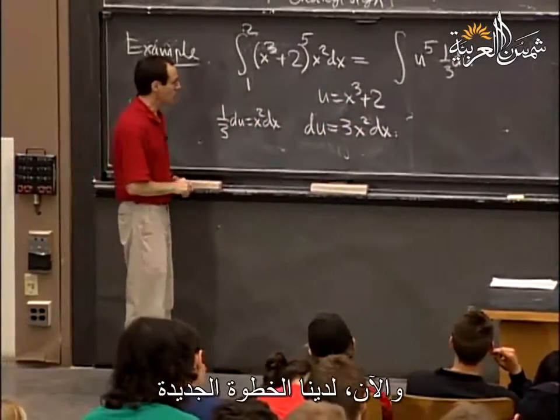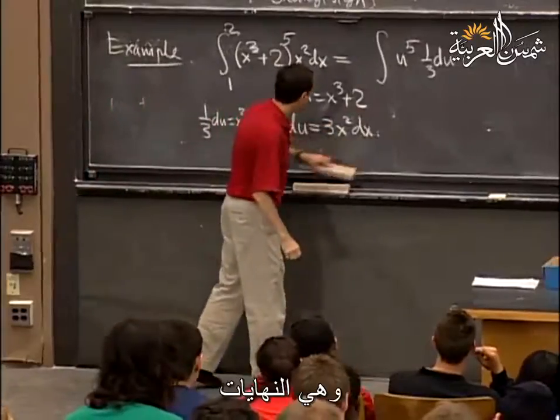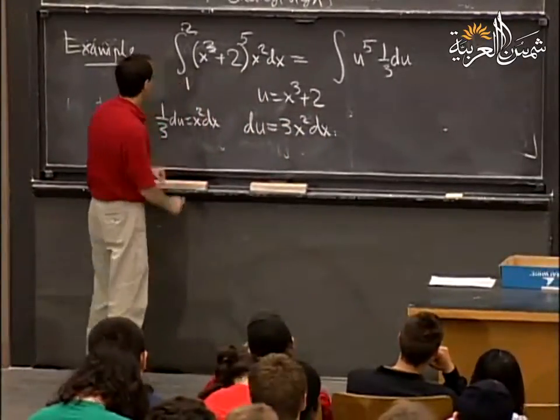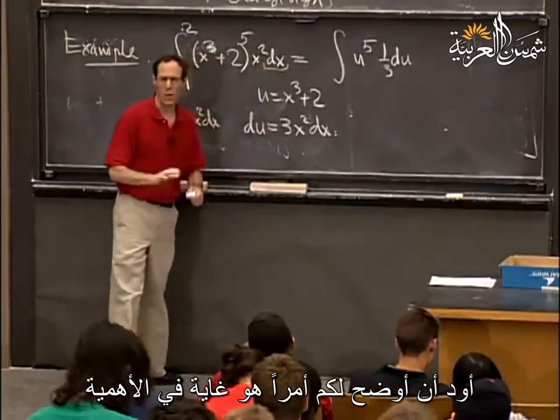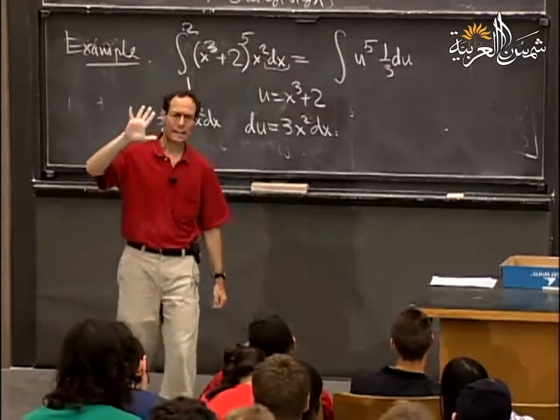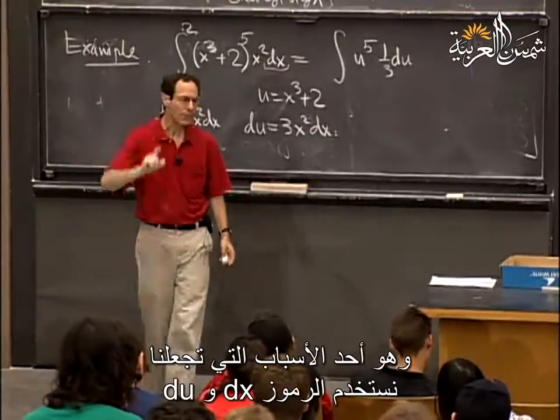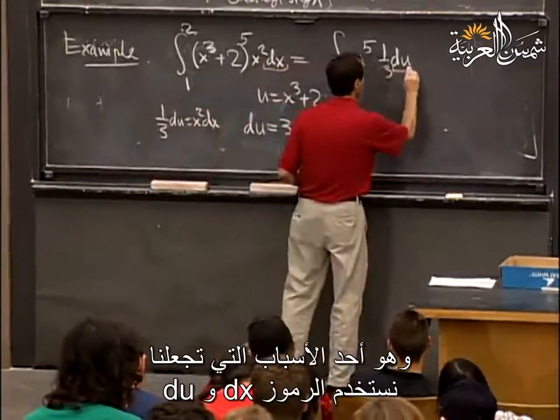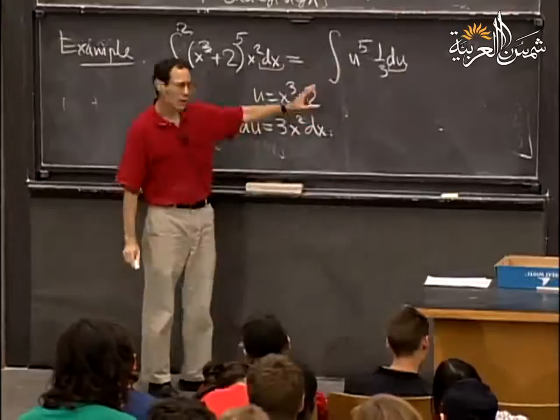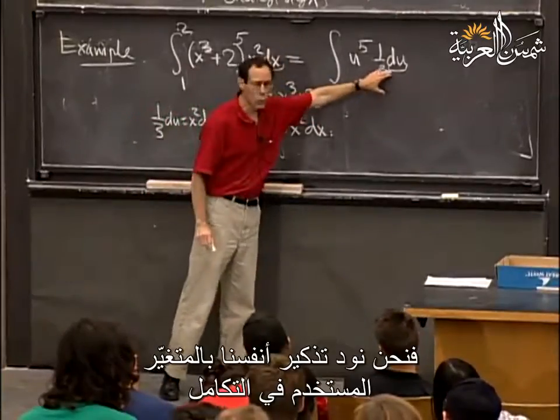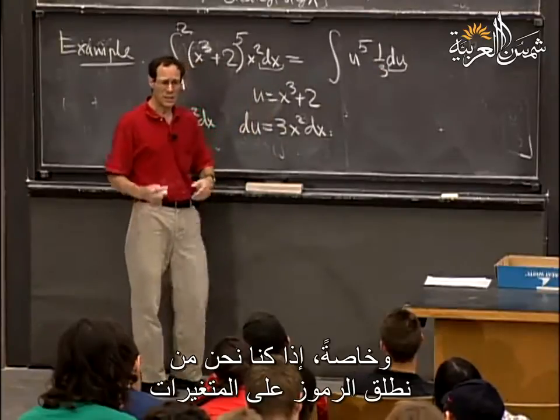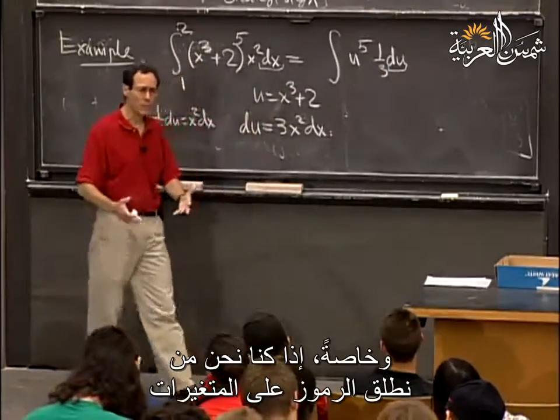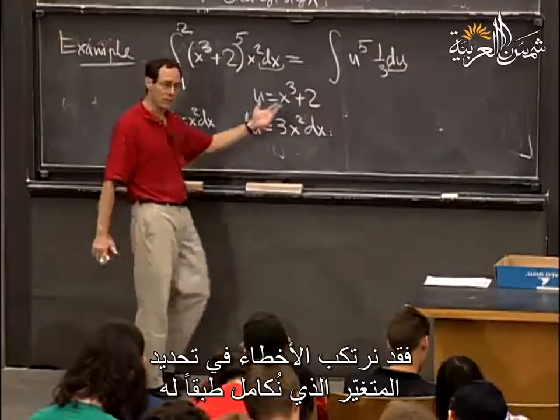But now there's the extra feature. The extra feature is the limits. So here, really in disguise, because, and now this is incredibly important, this is one of the reasons why we use this notation dx and du. We want to remind ourselves which variable is involved in the integration. And especially if you're the one naming the variables, you may get mixed up in this respect.